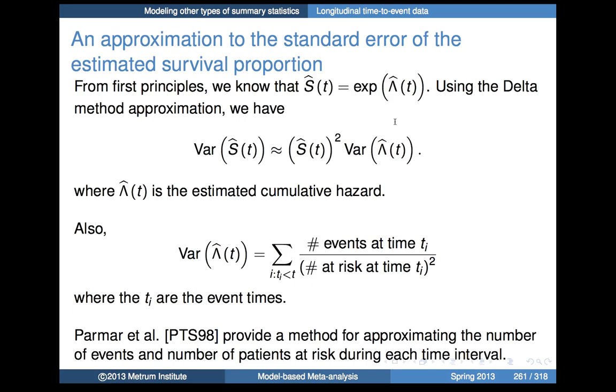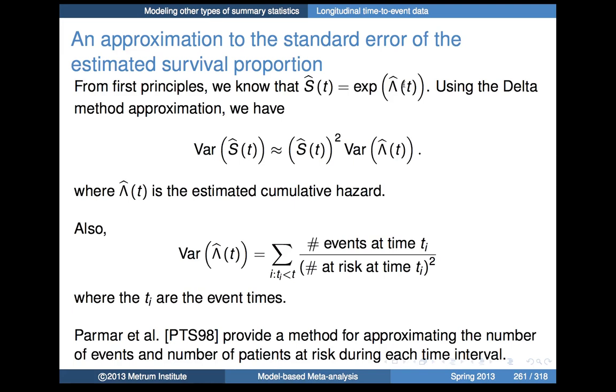So if we're going to use a different approximation, we could go back to first principles of survival analysis, which tells us that our estimate of the survival curve, S hat of t, is just e to the minus lambda hat of t, where lambda hat is the cumulative hazard. So that's the integrated hazard up to time point t.